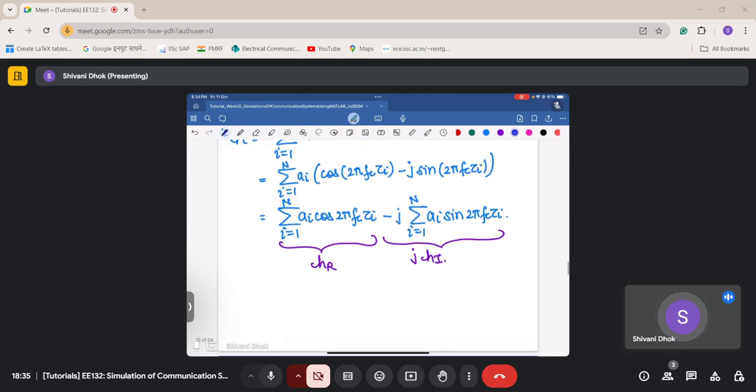So your hr is summation i equal to 1 to n ai cos 2 pi fc tau i, and your hi is minus summation i equal to 1 to n ai sine 2 pi fc tau i.